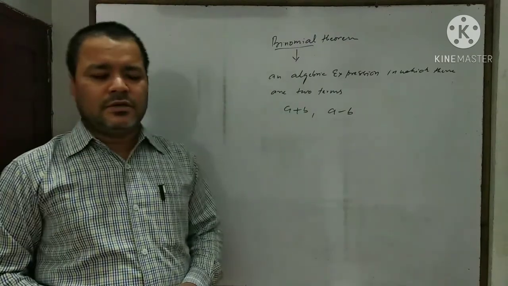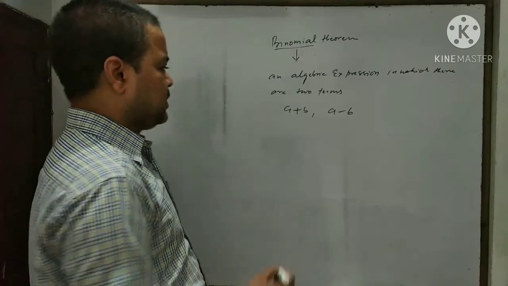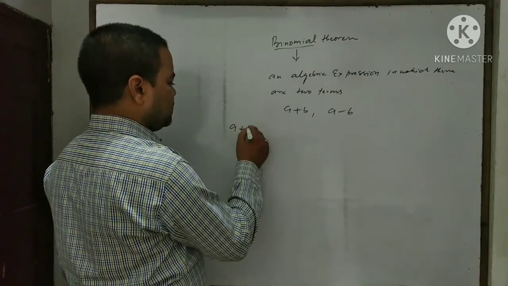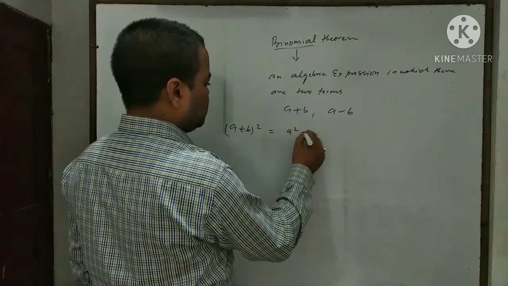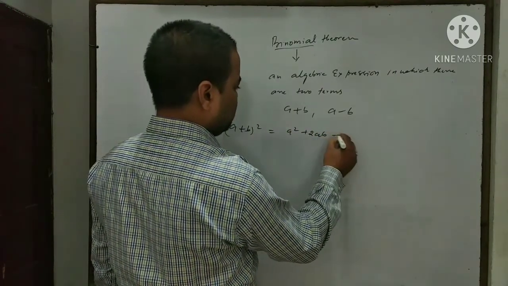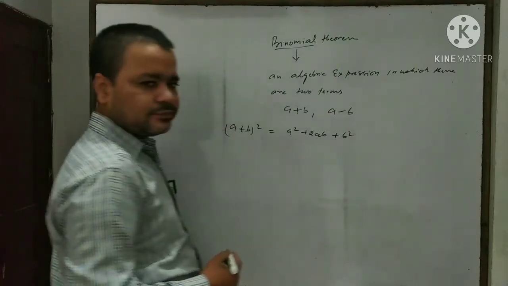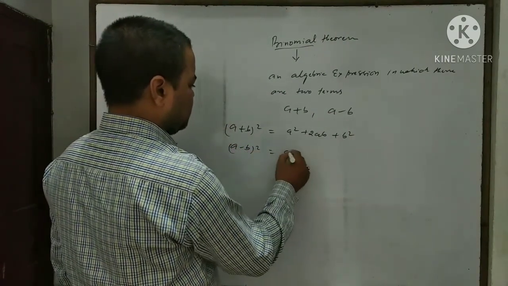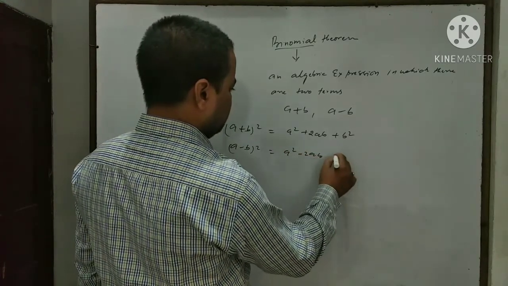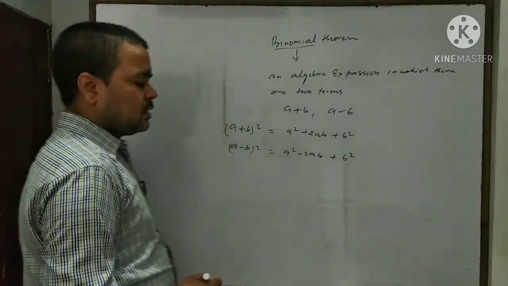In class 9th and 10th also, we have explained a plus b whole square is equal to a square plus 2ab plus b square. Similarly, a minus b whole square is a square minus 2ab plus b square.